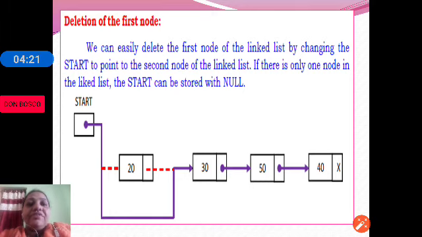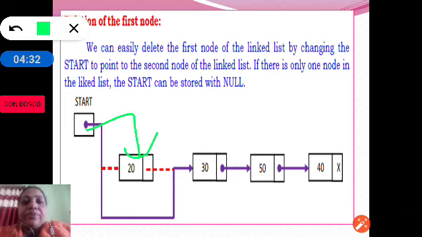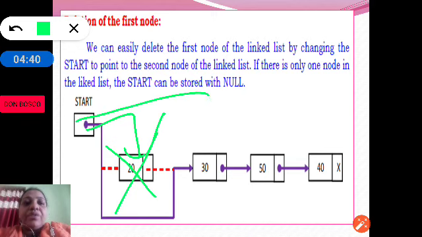So we can easily delete the first node. If you are deleting the first node, the following node, that is the second node, will become the first node. So start is pointing to the first node, which is 20. As we are deleting 20, before deleting 20, I can make start point to 30. It's very simple.